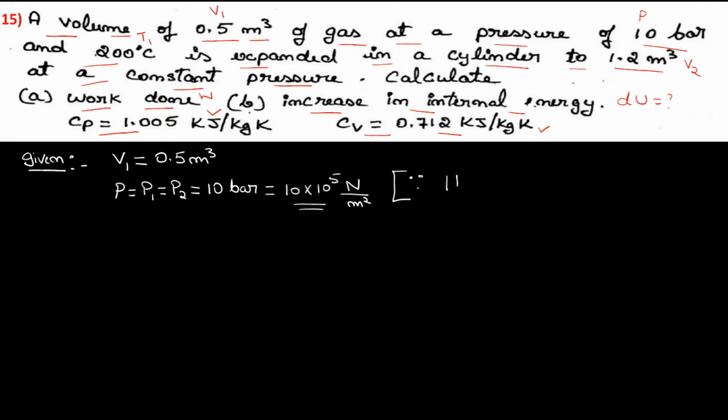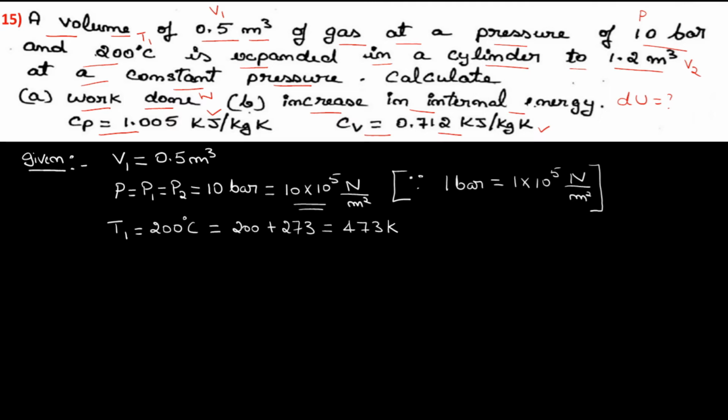Because 1 bar is nothing but 1 into 10 to the power of 5 Newton per meter square. The initial temperature T1 is equal to 200 degrees centigrade. Let me calculate this in terms of Kelvin, that is 200 plus 273, 473 Kelvin. That's the initial temperature.